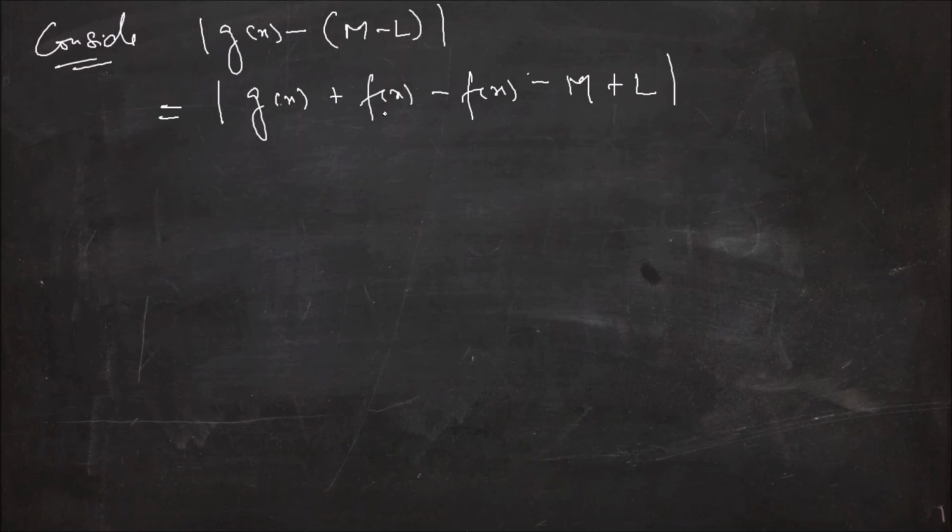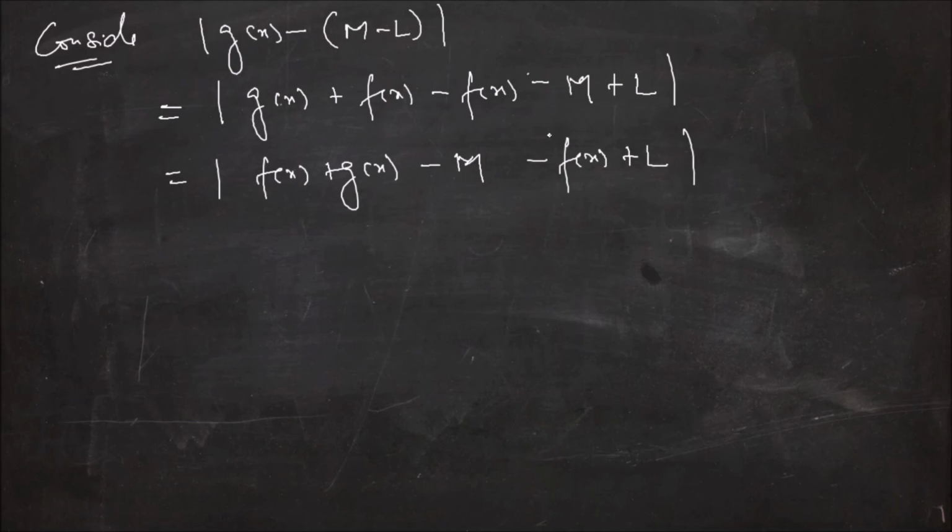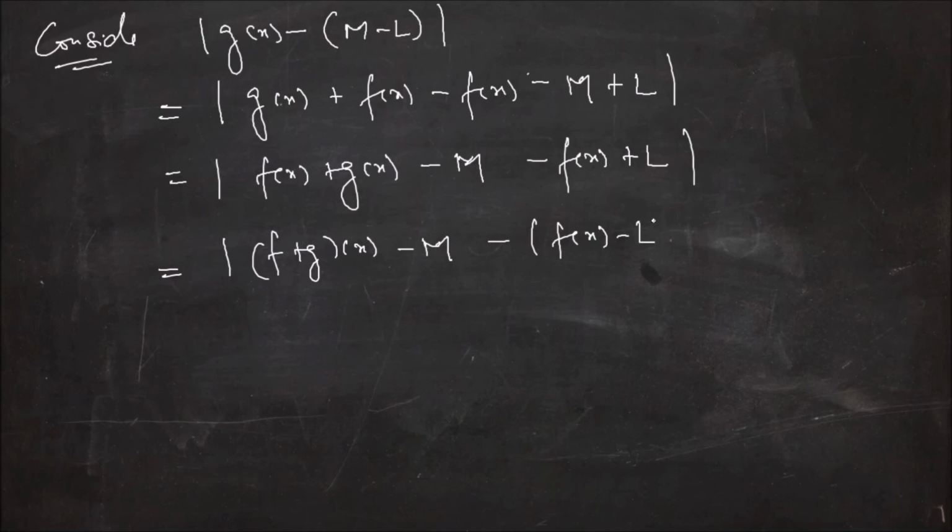I have added and subtracted f(x). Now I will combine this, so this will become |f(x) + g(x) - m - f(x) + ...|. I have just rearranged these terms. Now I can write this as |(f+g)(x) - m - (f(x) - L)|.